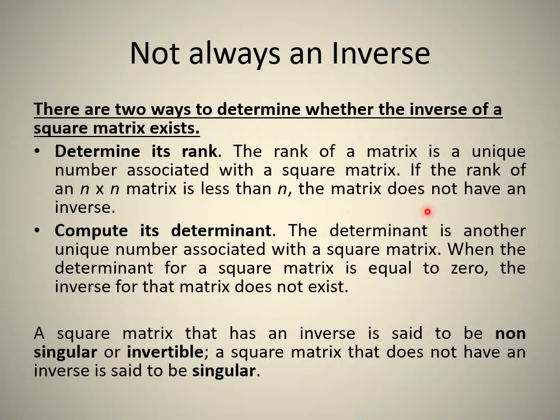A very important part is that there is not always an inverse. Remember, only a square matrix can have an inverse, but it's not guaranteed that a square matrix will always have an inverse.